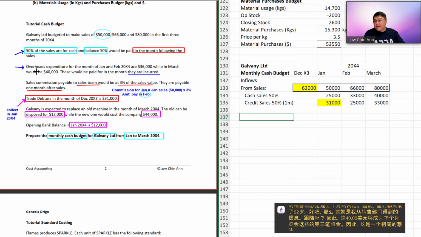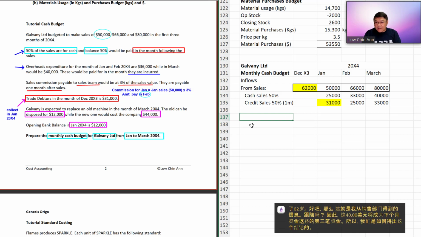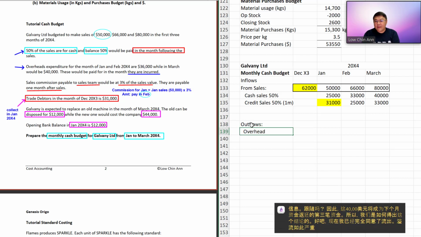Now I am told about the outflows, so that's my payments, overheads, expenditure. If the question gives you clues like a depreciation charge or anything, please remember to take it out, because depreciation is not a cash flow. So technically it is not supposed to be inside.